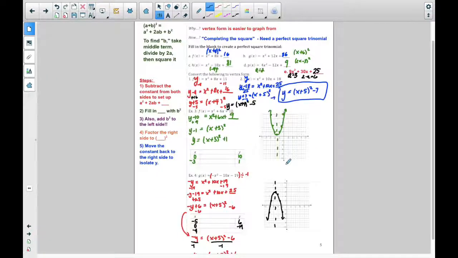Completing the square has a lot of steps to it. It's a really long process, and it is not one that's real easy to memorize or necessarily intuitive all the time. So that's why I wanted you to see these steps, get these steps written down, and we'll do some practice in class. We will continue to work with this, but make sure that you at least understand these couple of examples that we've done here on the video.